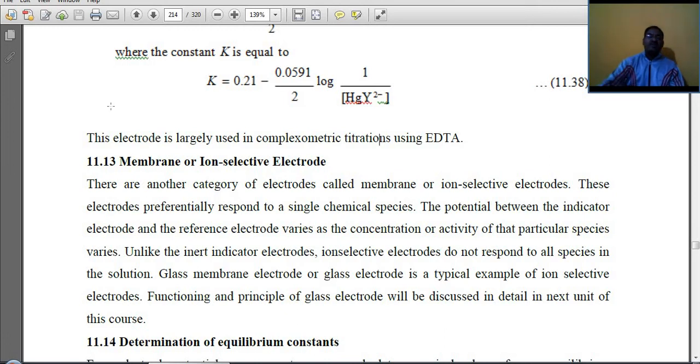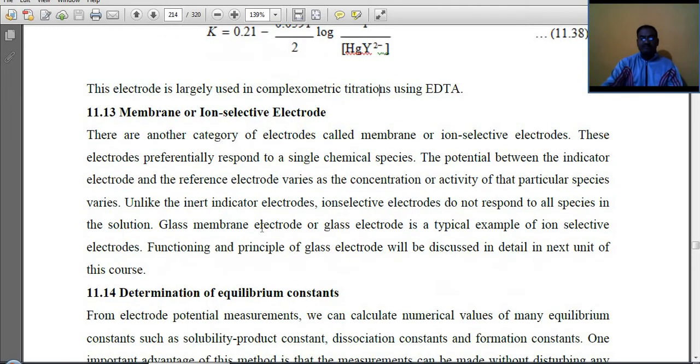Membrane or ion selective electrodes. These are another category of electrodes, called membrane or ion selective electrodes. These electrodes preferentially respond to a single chemical species. The potential between the indicator electrode and the reference electrode varies as the concentration or activity of that particular species varies.